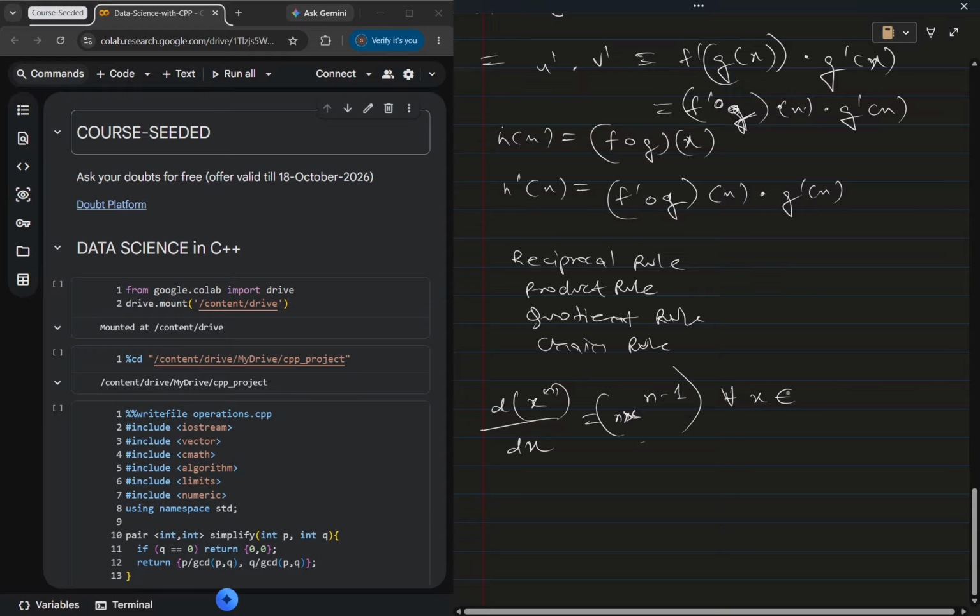Basically we have only proved it for rational numbers. So we are going to also prove that for irrational numbers. We haven't yet proved it for x belonging to the real numbers. So wait for a few more lectures. We are going to prove that as well.